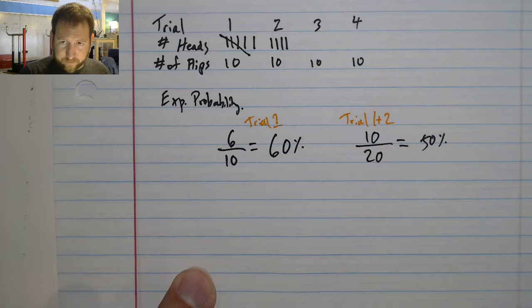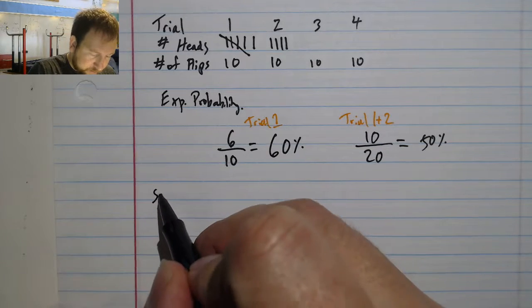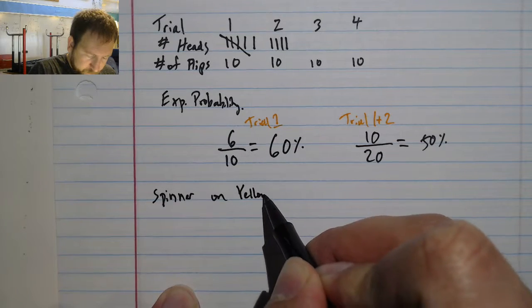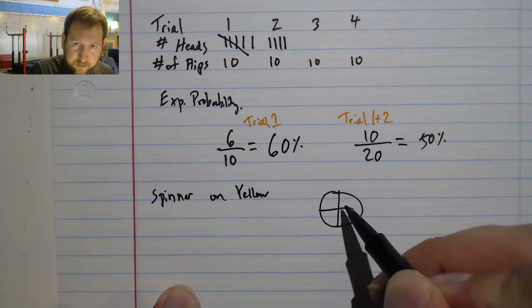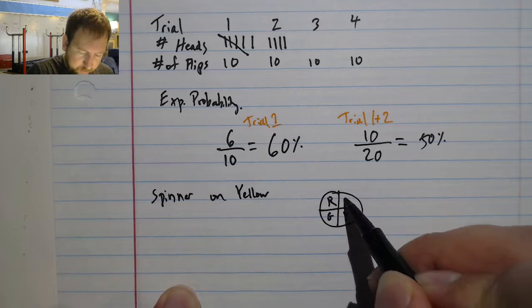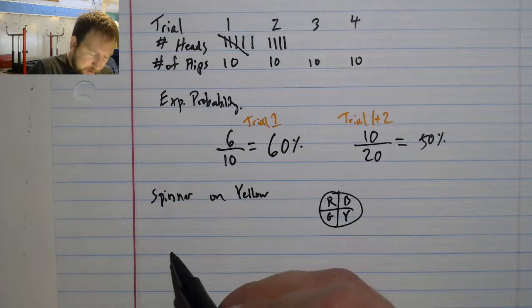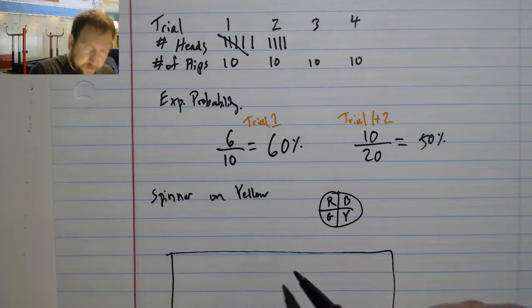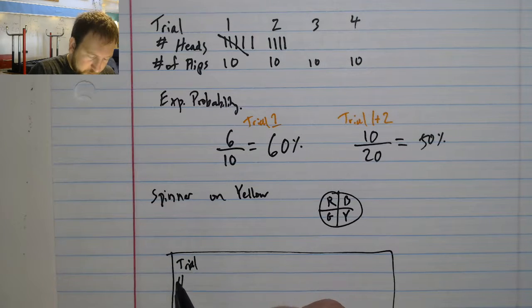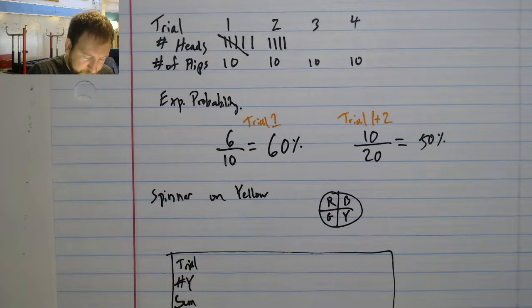In the first one, we'll look at the spinner landing on yellow. The spinner looks like this. We have red, green, yellow, blue. And they wrote their table very similar to mine with trial, number yellow, sum of all the total, and the experimental probability.